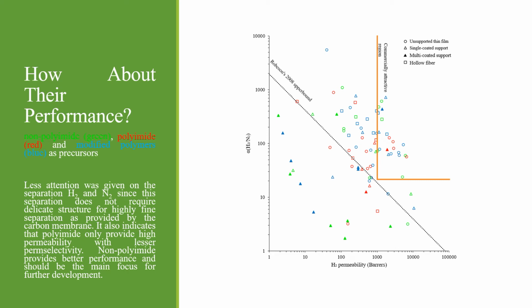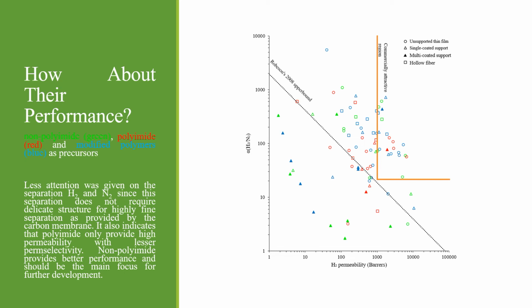Based on these figures, we have a y-axis of selectivity, where the higher the better, and a hydrogen permeability axis. This graph is about hydrogen nitrogen separation. We can see the distribution is quite fair between polyimide, non-polyimide and modified polymers.